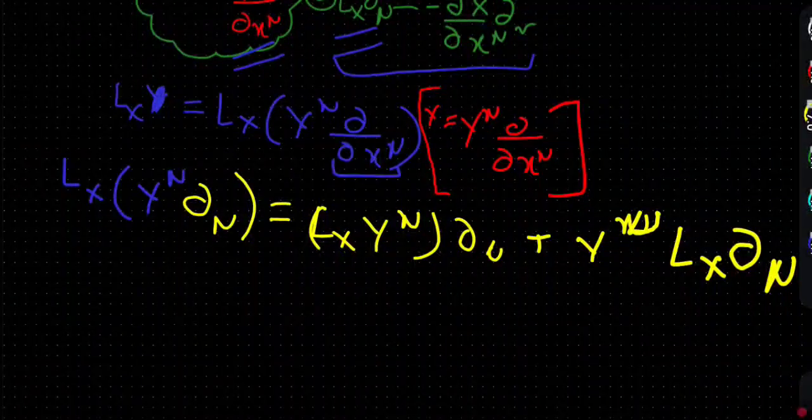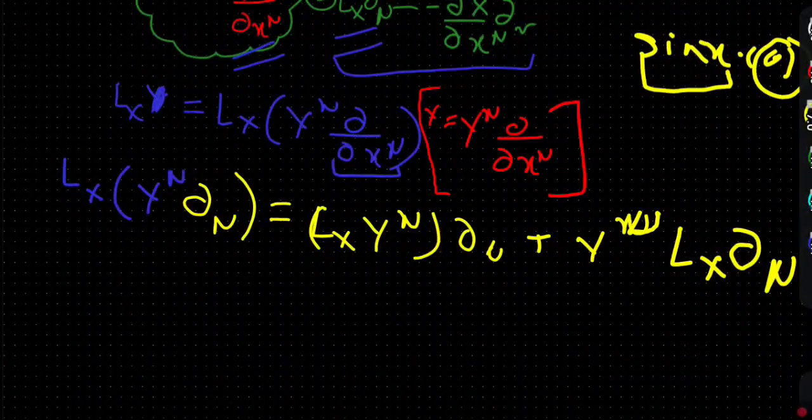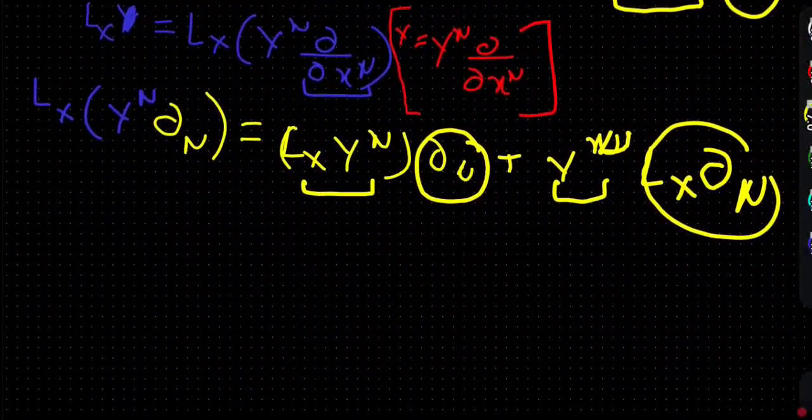First of all you differentiate the first, then you keep the second as constant, and then you differentiate the second. So this is just an analogy. Here a very different thing is occurring, but suppose that you want to do sin x and cos x. First of all you do the derivative of sin x, keep cos x the same. Just like here, the lie derivative acts on this particular y, not on this, and second it acts on this, not on this. Okay, this is a basic rule that you have to know.